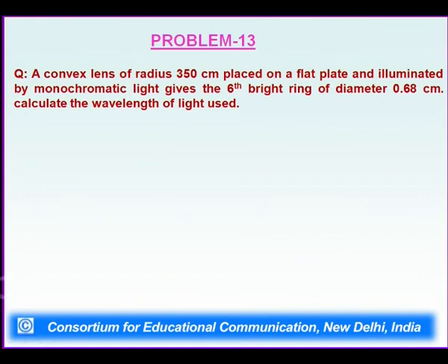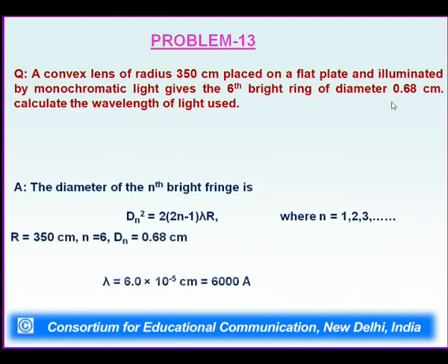Next problem, again based upon Newton's rings. A convex lens of radius 350 centimeter placed on a flat plate and illuminated by monochromatic light gives the sixth bright ring of diameter 0.68 centimeter. Now, what do we calculate? The wavelength of light used to get fringes of this radius and this diameter.